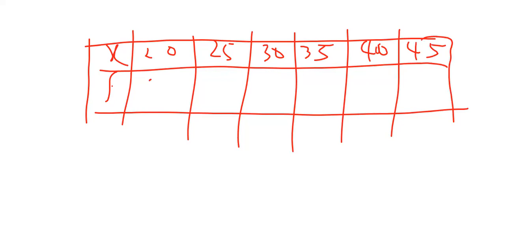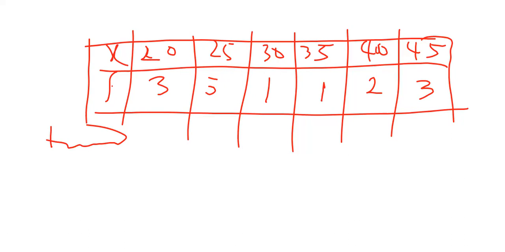This one will be 3. It hasn't changed. Here's 20. Here's 1, 1, 2, 3. So this one I want to find the mean, mean deviation, variance, and standard deviation. Is it clear?